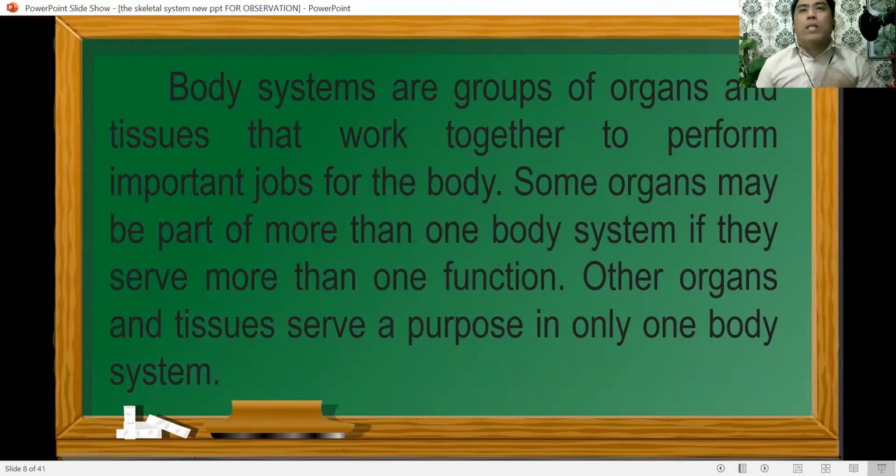For example, the liver. Ang liver natin, nagiging accessory organ siya ng digestive system. Pwede rin siyang part ng excretory system. Okay. So, pero may iba talagang mga organs na nasa isang system lang sila dahil isa lang ang kanilang trabaho or ang kanilang purpose.